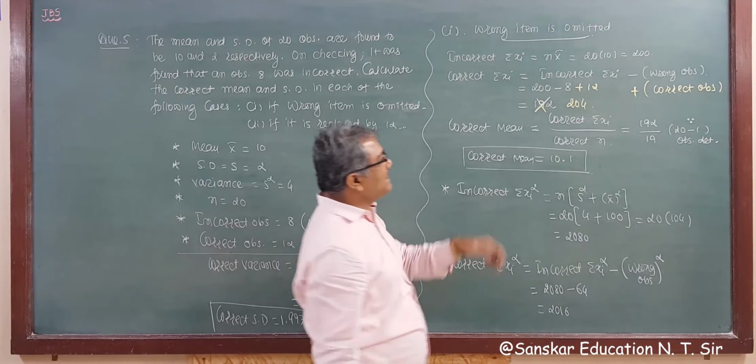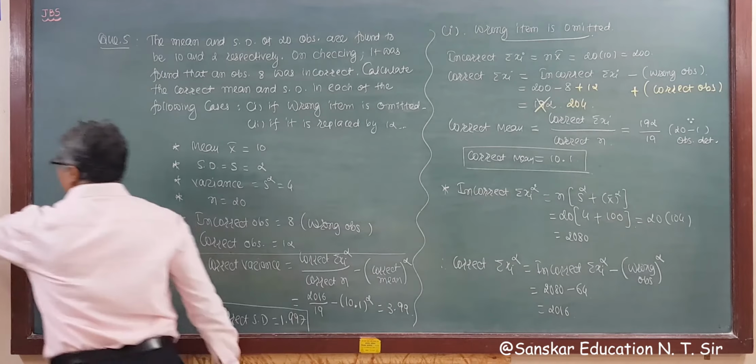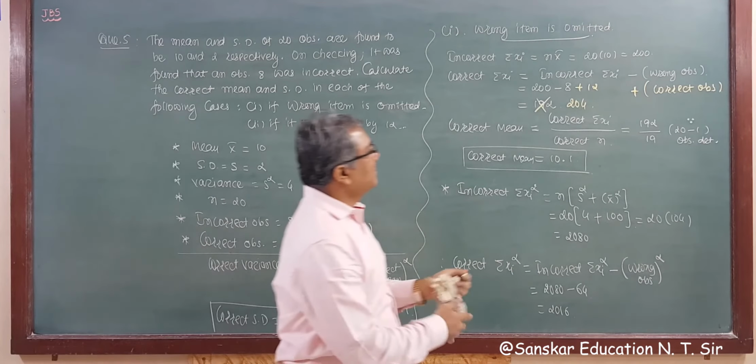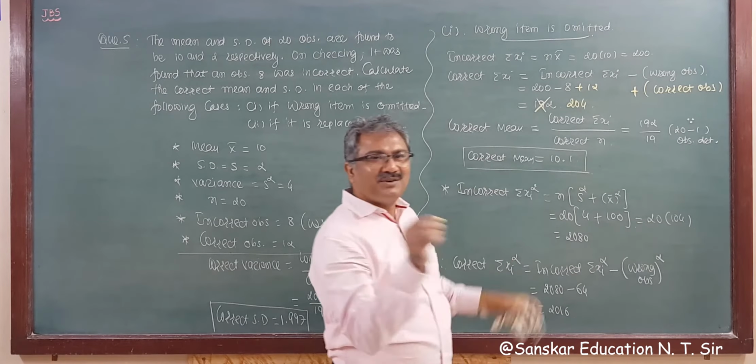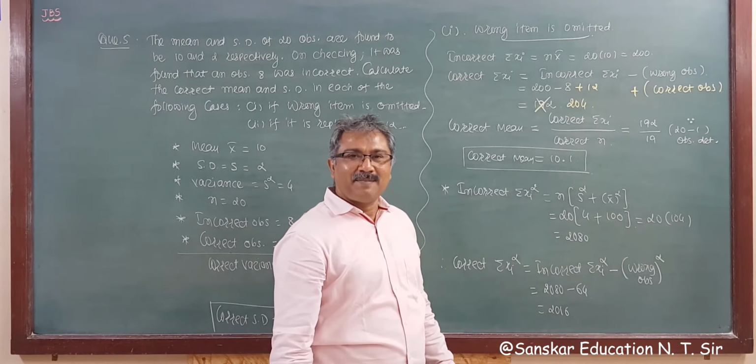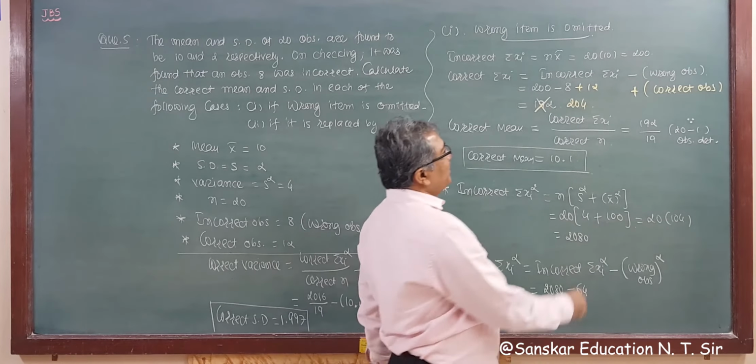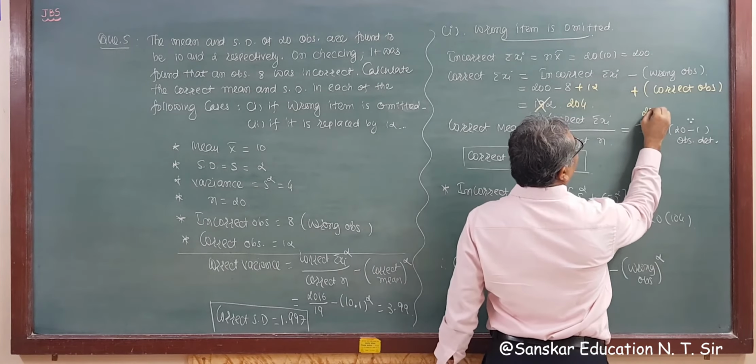So correct mean is equal to, okay, I am changing the white color chalk. Got it? So now this is 204.